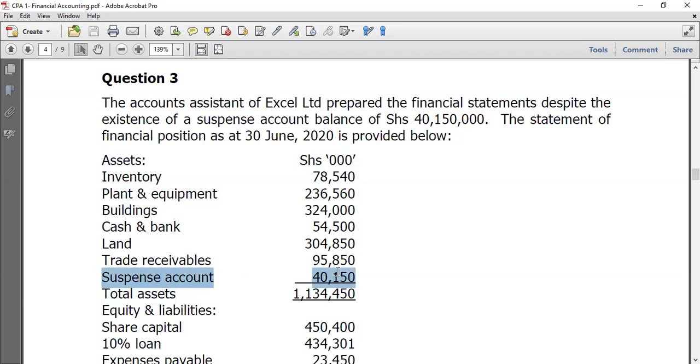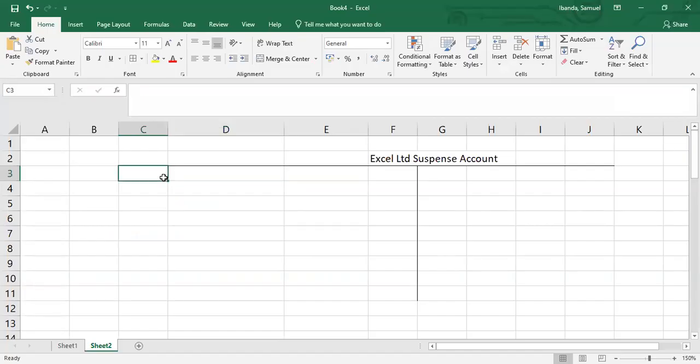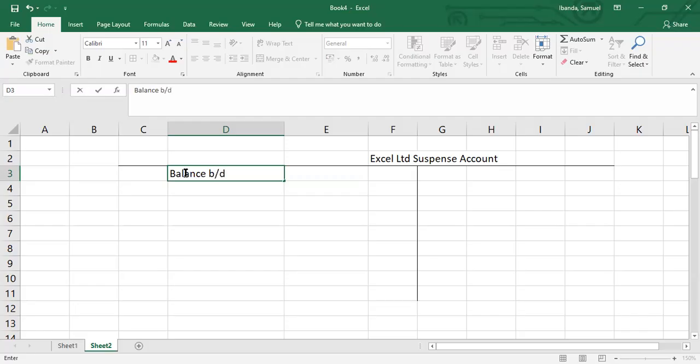Since our suspense account has a balance of 4150 under assets, I'll just pick this value and come to my suspense account and put it on the debit side. So I'm going to say balance brought down.